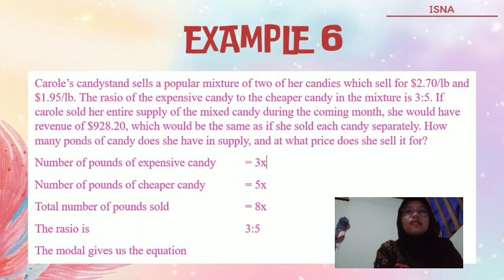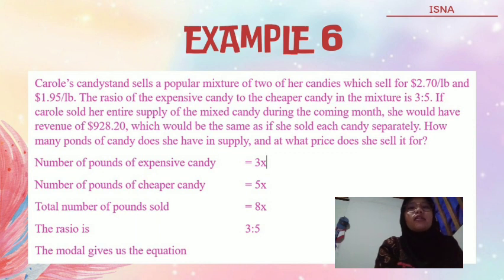Example 6. Carol's Candy Stand sells a popular mixture of 2 of her candies, which sell for $2.70 per pound and $1.95 per pound. The ratio of the expensive candy to the cheaper candy in the mixture is 3:5.